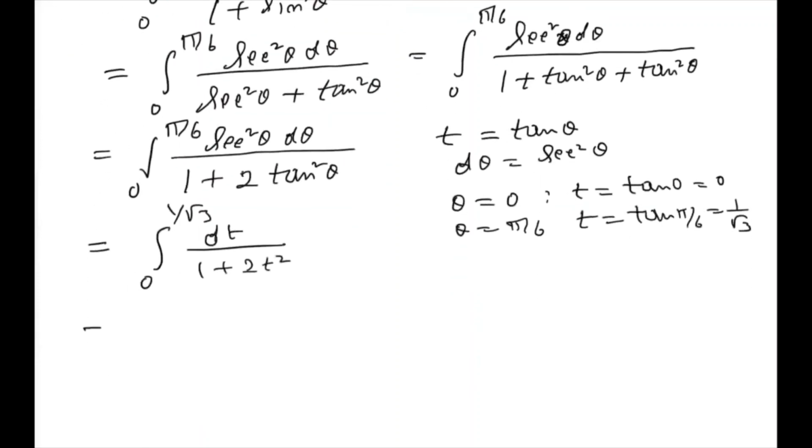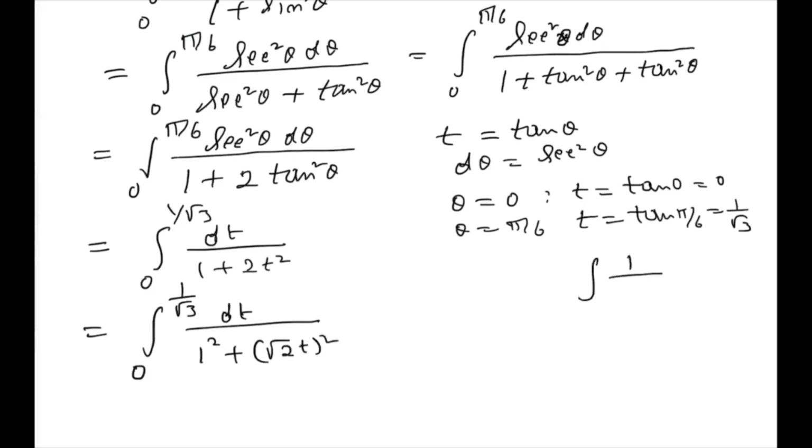So you can write this as integral 0 to 1 by root 3 dt upon 1 square plus root 2 t whole square. We know that integral of 1 upon 1 plus x square dx is tan inverse x.